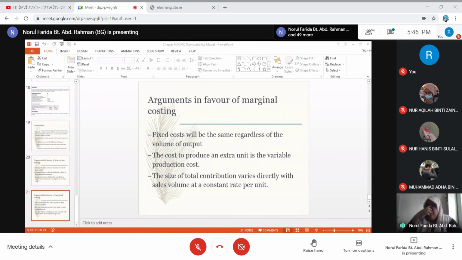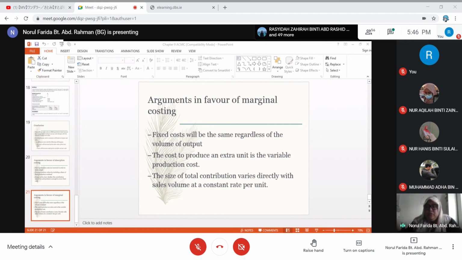And argument kenapa absorption tu lebih better. Actually, whether your company want to use variable or absorption, tak ada masalah dalam you punya management accounting. Alright, sebab remember management accounting dia tidak terikat dengan the GAAP principle.